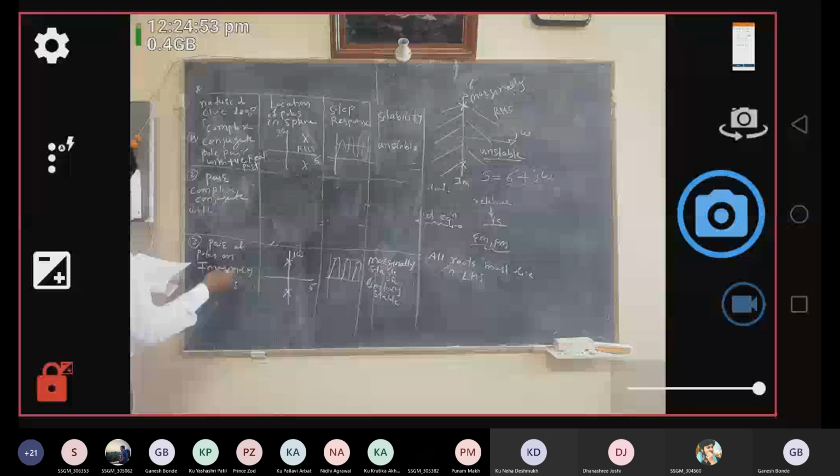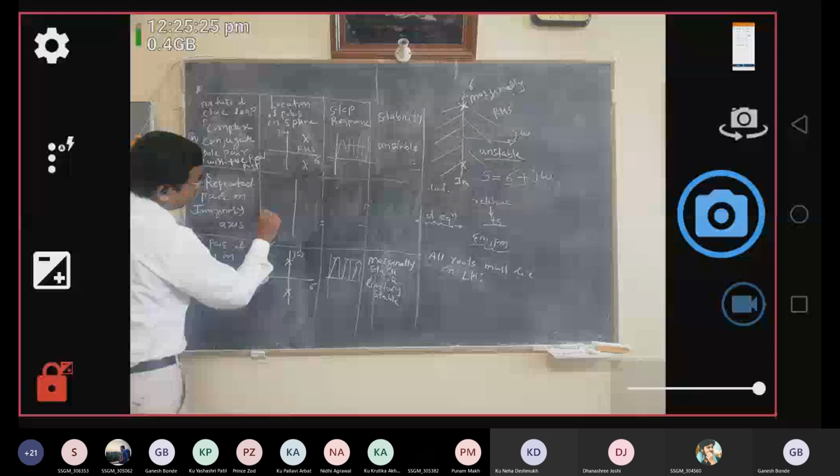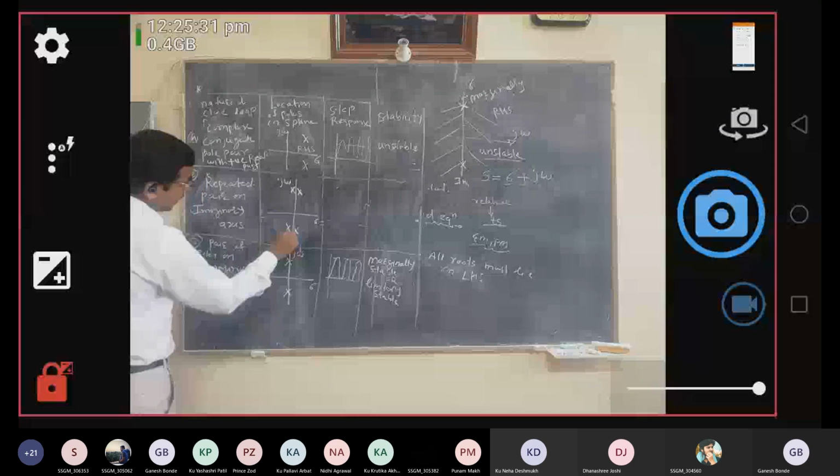So where is the location? Here sigma, j omega. So a repeated pair on the imaginary axis.